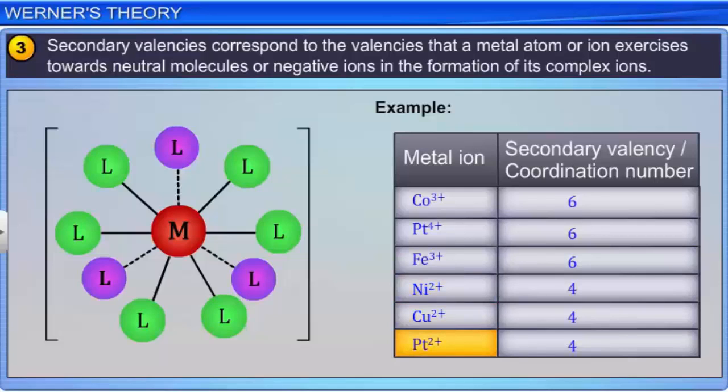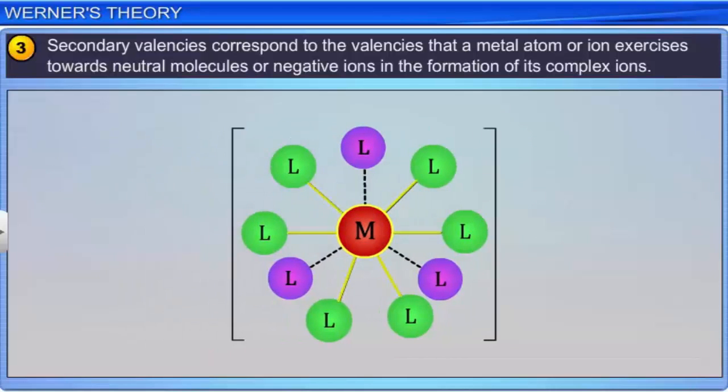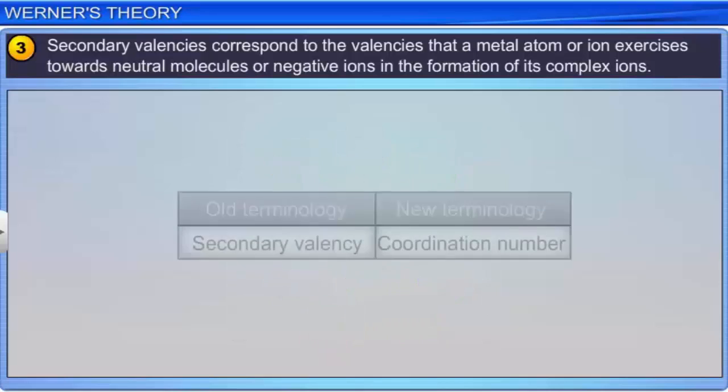The secondary valency is equal to the coordination number of the metal. For example, in the complex CoCl3·6NH3, the 3 chlorides are held by primary valencies and the 6 ammonia ligands are held by secondary valencies.